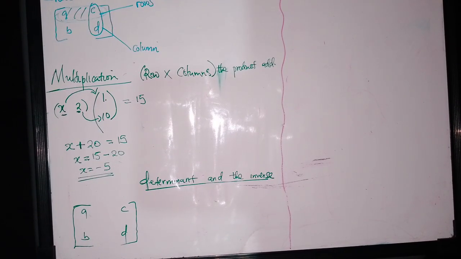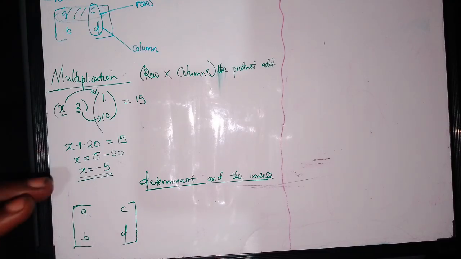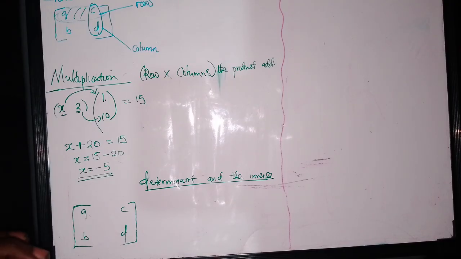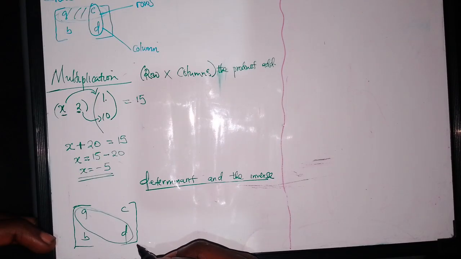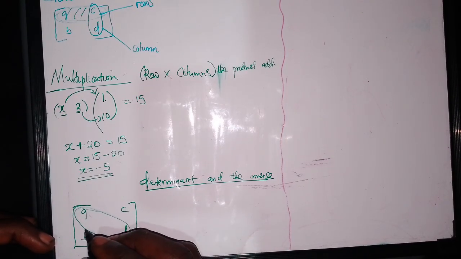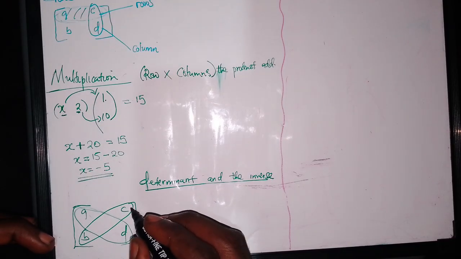If you are told to find the determinant of this matrix, how do you find it? A matrix has what are known as a major and minor diagonal. A trick which can help you to remember is this line is the major and this line is the minor.